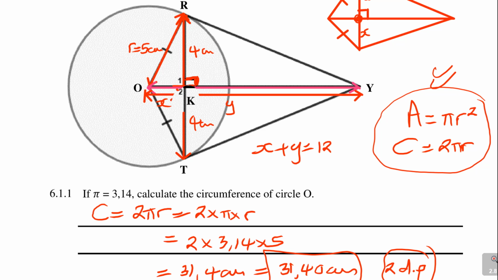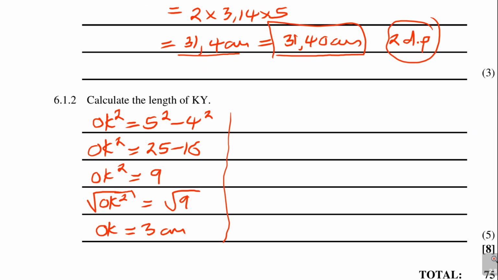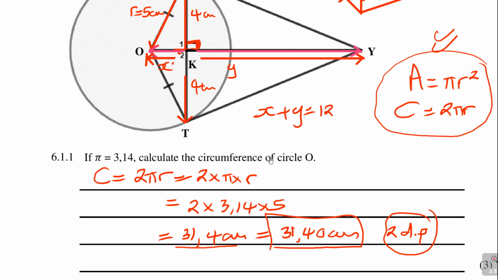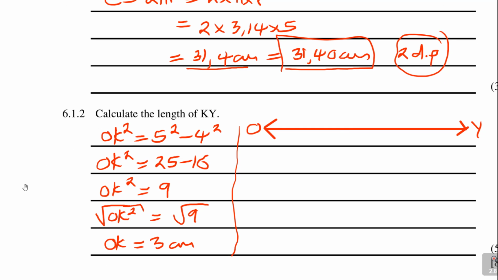Look, it's like you've got this big line, which is here. And this is O, and this is Y. Am I right? Let's check. Yes, OY. And then I tell you that from here, if I cut just here like this, and I tell you that this distance is K. So here is your K. And I tell you that this is 3 centimeters.